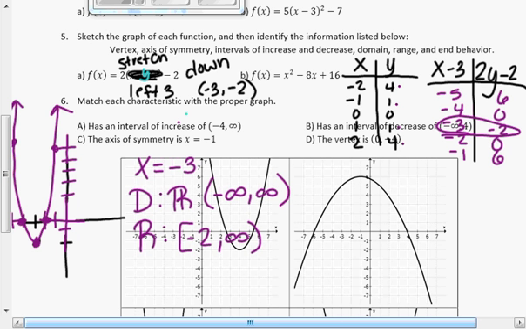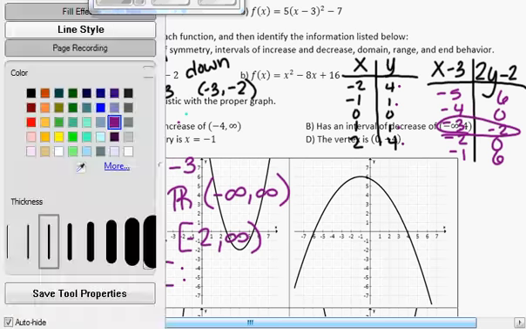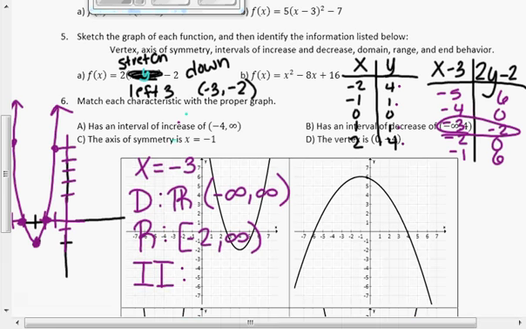We can never reach infinity, which is why that gets a parentheses. So intervals of increase, it's increasing in this direction. So think of an ant, they're now walking uphill, very steep like. So the ant's going uphill, or you're walking upstairs, however you want to think about it, from what x value?